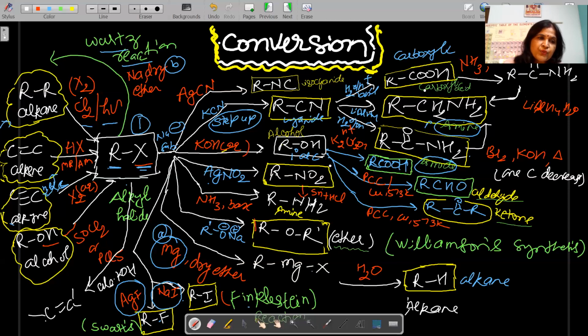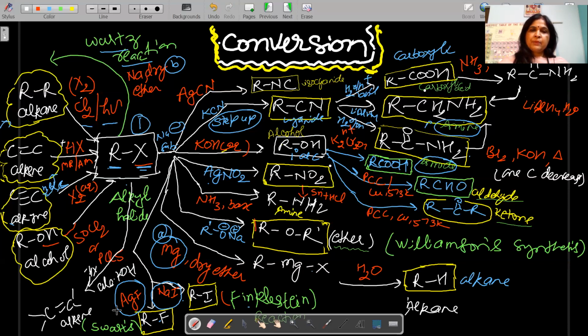So from alkene to alkyl halide, HX should be added, and vice versa. Means if we add HX, we can get alkyl halide, and in alkyl halide, if we remove HX, we can get alkene. So adding HX is called addition of hydrogen halide, and the removal of HX is called dehydrohalogenation, right? Dehydrohalogenation reaction occurs in the presence of a very strong base like alcoholic KOH, so we can get alkene.